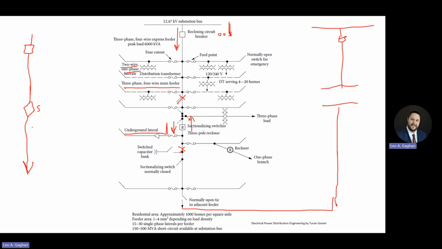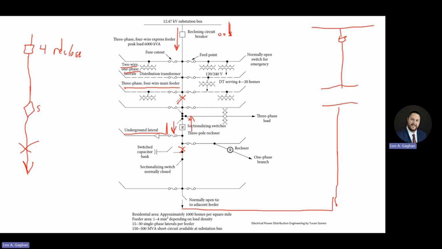So basically, the way the sectionalizer is going to work is let's say that this particular breaker has 4 reclose attempts. So let's say a fault happens down here. Our sectionalizer does not have interrupting capability. So as the fault happens, let's say we've got the 4 reclose attempts.